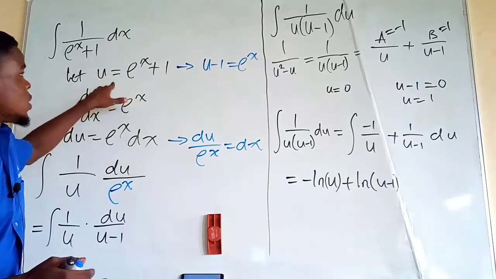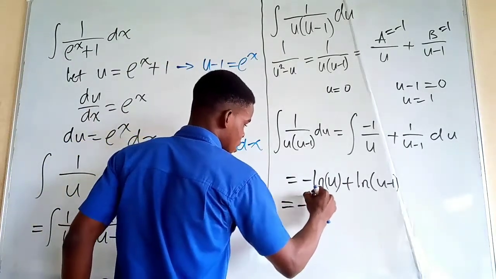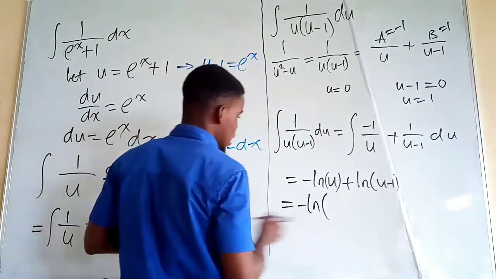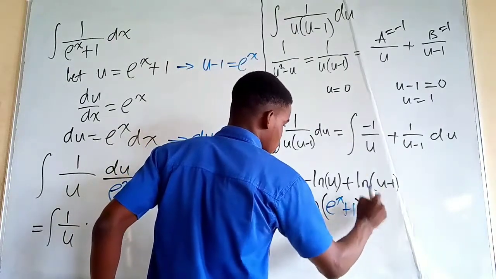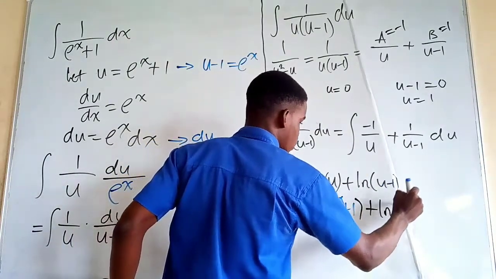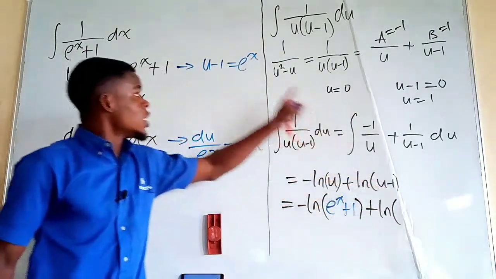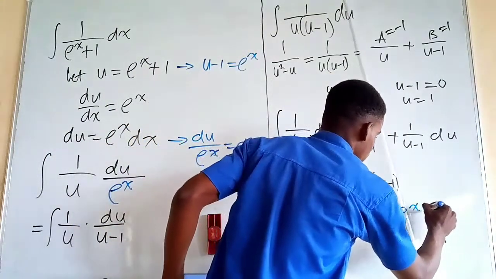So we know that u is e to the power of x plus 1. So I'm just going to put it down, minus natural logarithm of, in place of u, e to the power x plus 1, like that. Plus the natural logarithm of, again, u minus 1, which is just this expression, is e to the power x. So I can just plug that in, e to the power of x.